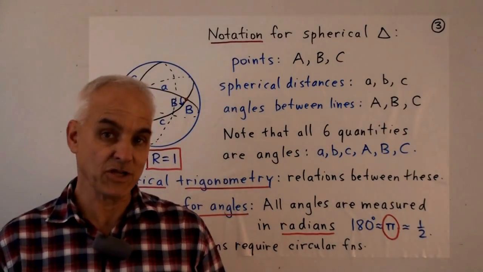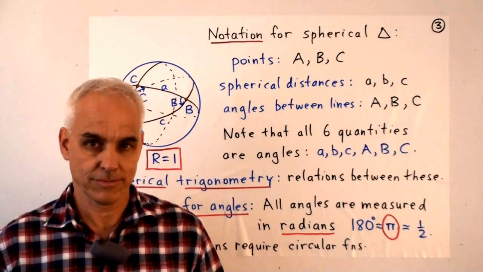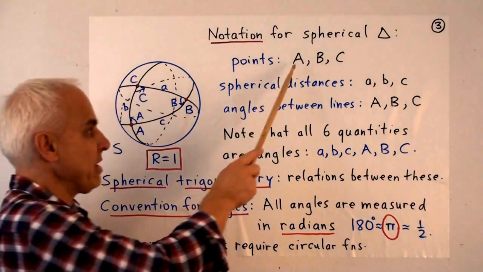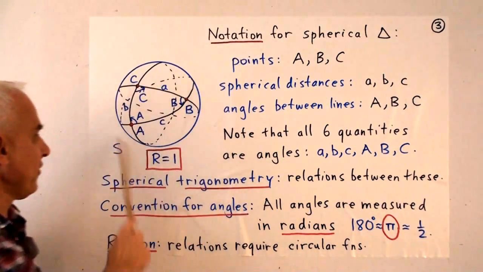Now let's talk about our notation for a spherical triangle. So we suppose that we have 3 points A, B, and C lying on a sphere.